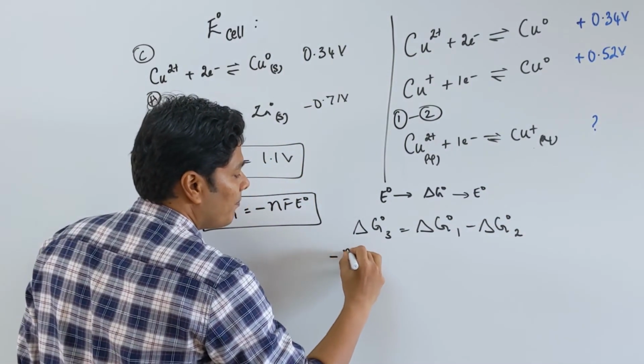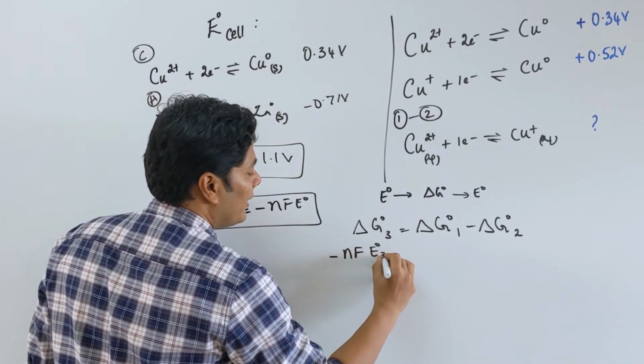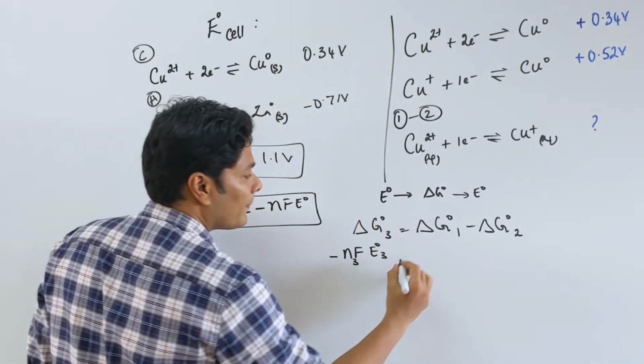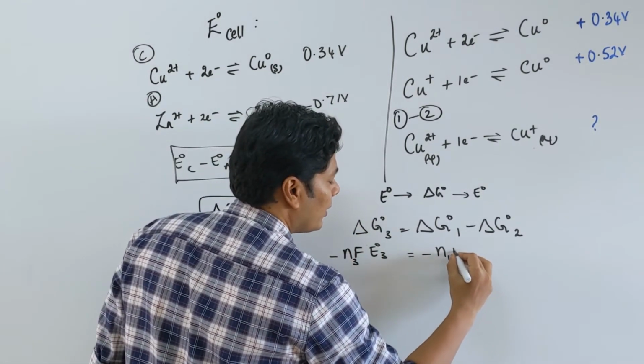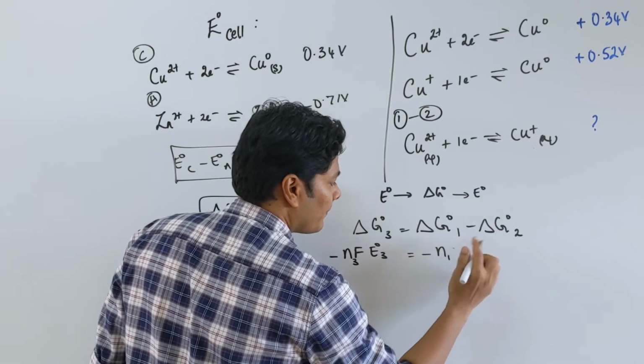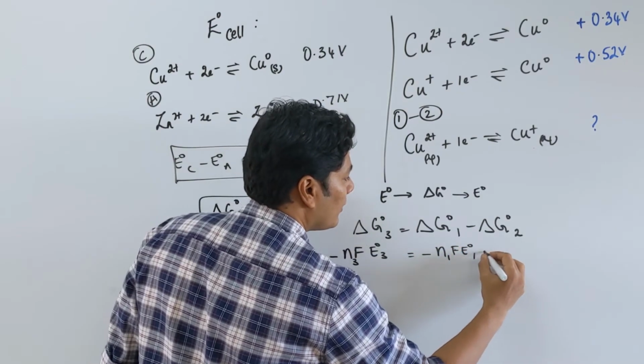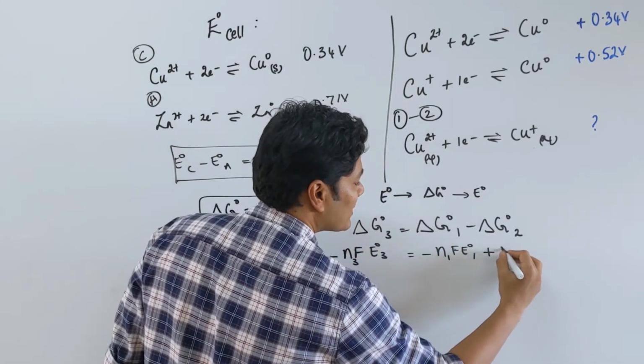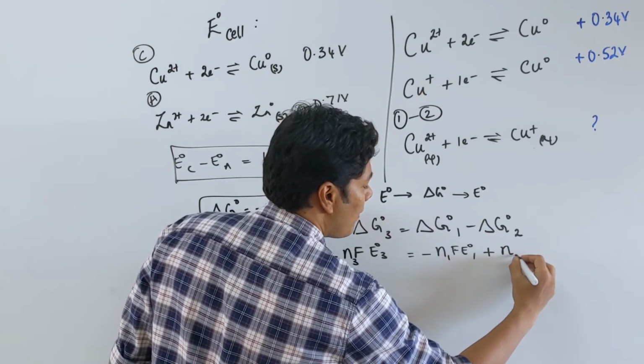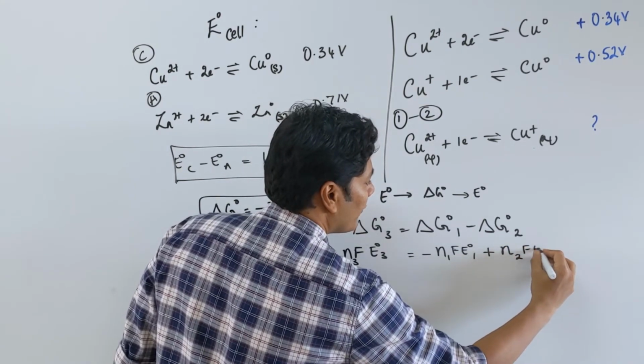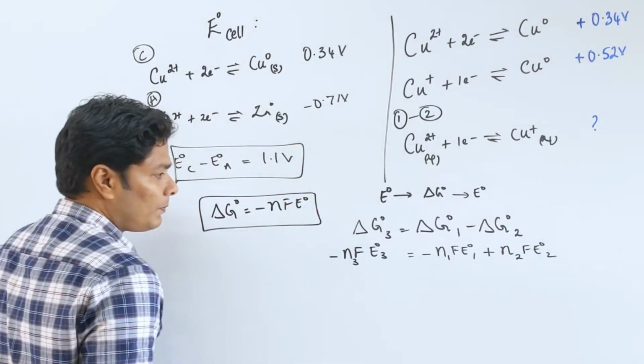So what we can do, minus N3 F E naught 3 equals minus N1 F E naught 1 minus of minus, plus N2 F E naught 2.